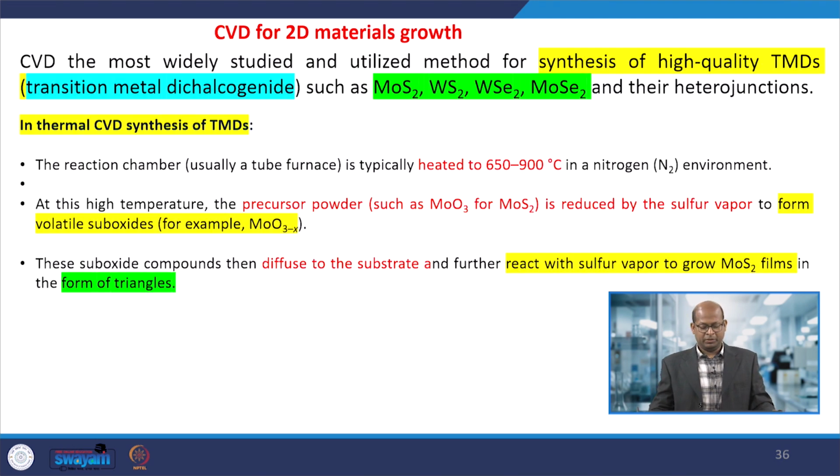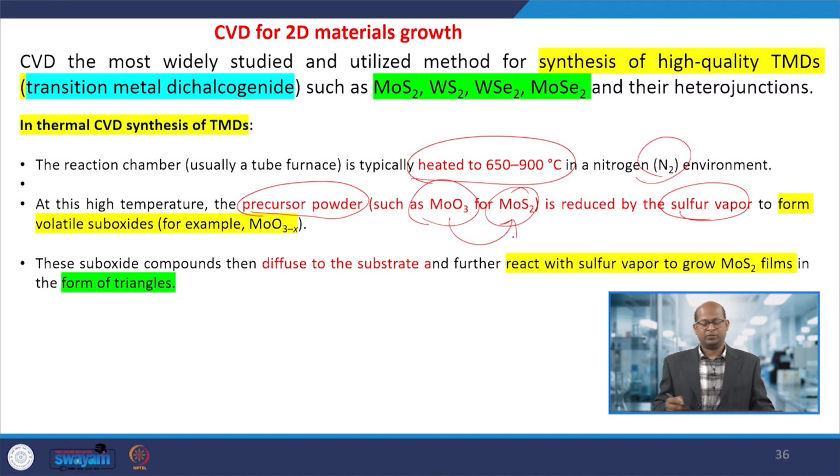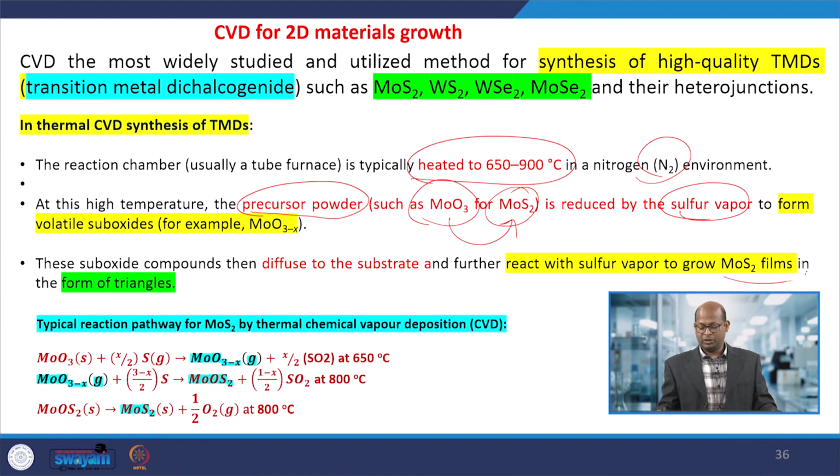Similar to graphene or CNT synthesis, here also the furnace or CVD chamber is heated to 650 to 900 degrees centigrade in an inert atmosphere, and then we place precursor powders, such as molybdenum oxide to prepare MoS2. We pass sulfur vapors, so the oxide is converted into sulfide by reaction with sulfur at these high temperatures, and MoS2 film formation takes place.